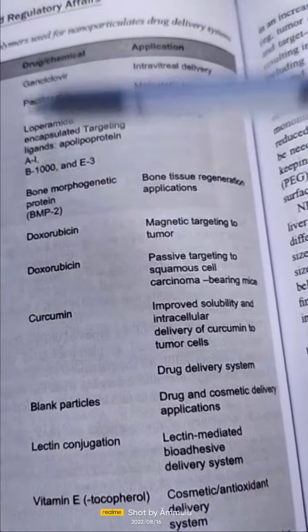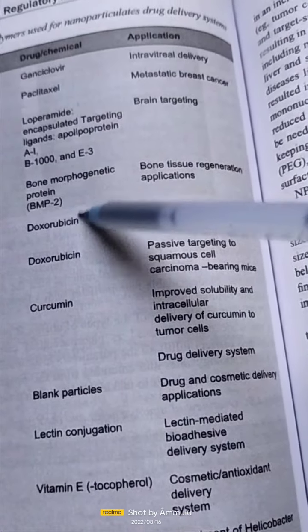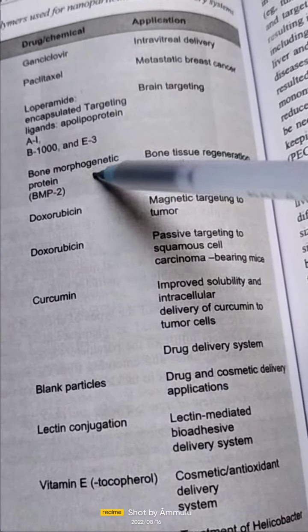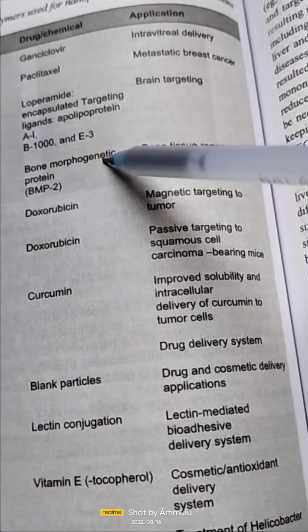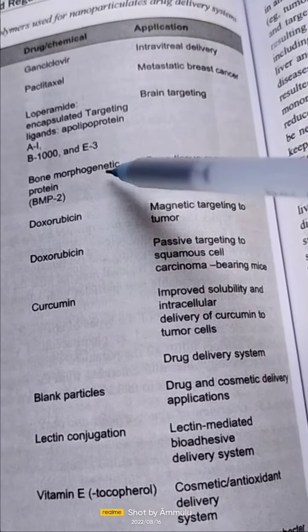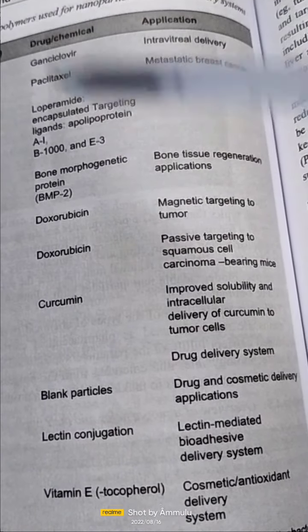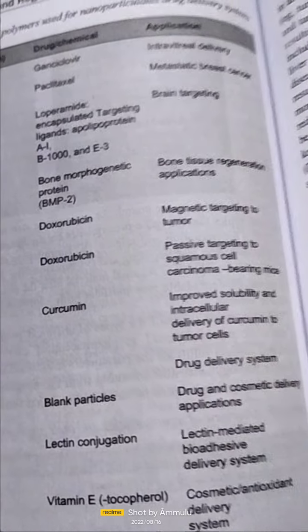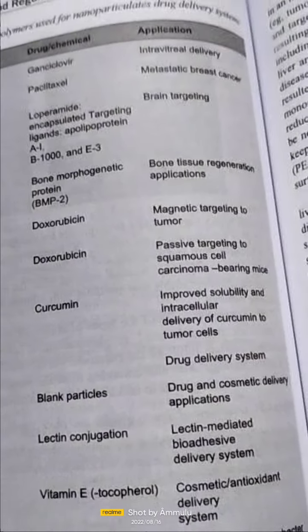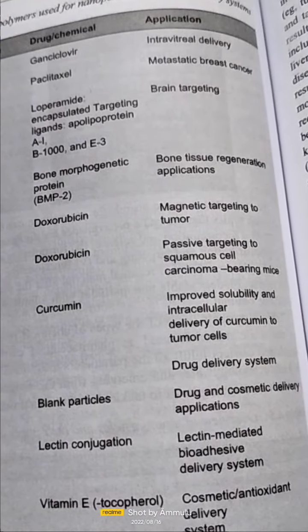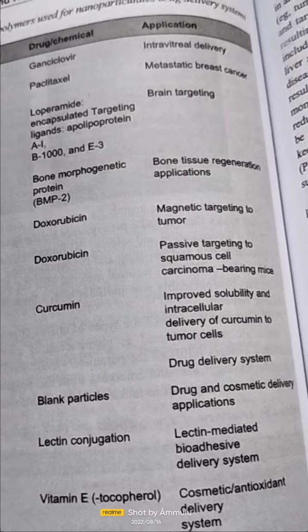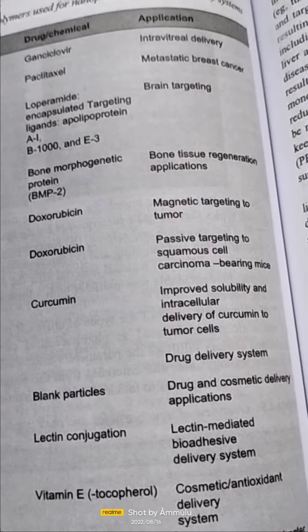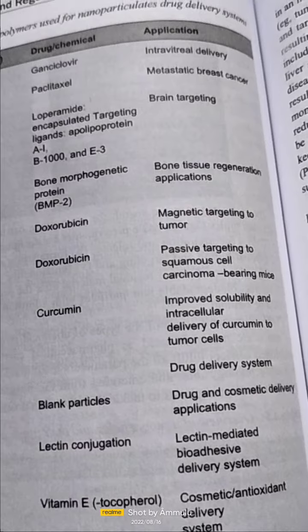And bone morphogenetic protein BMP2 binds to the bovine serum albumin when taken in 200 to 400 nanometer particle size. The use of bone morphogenetic protein is bone tissue regeneration applications.